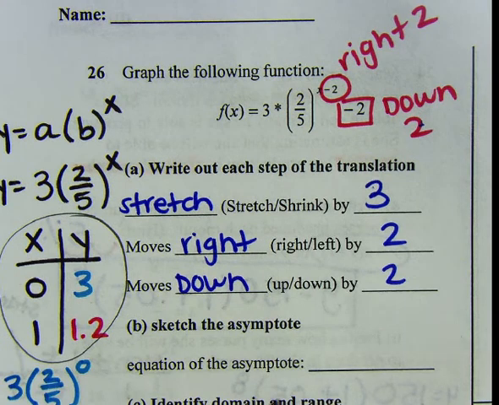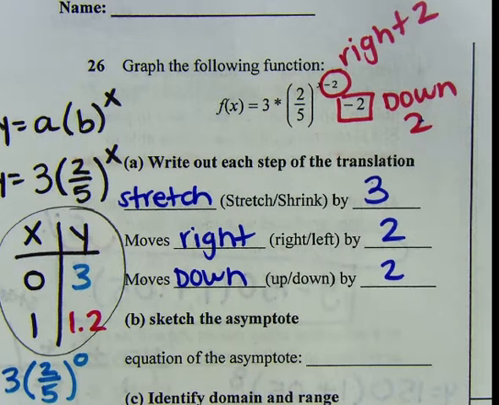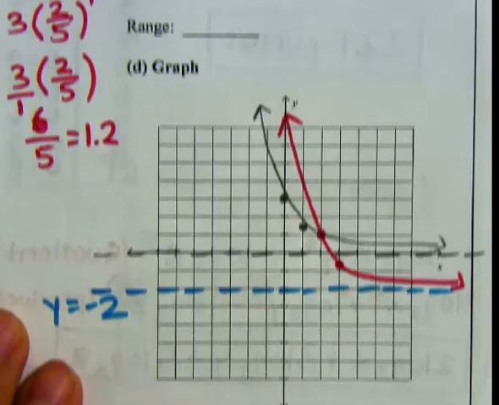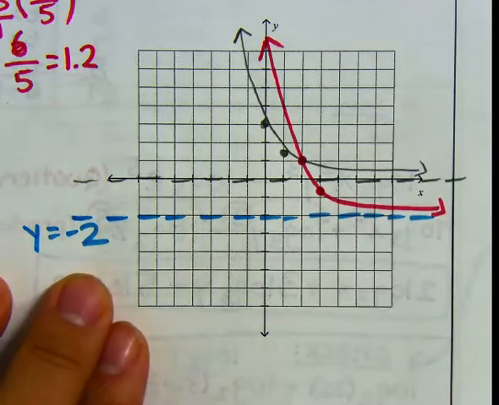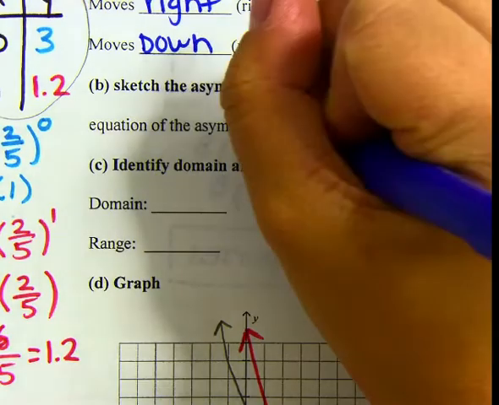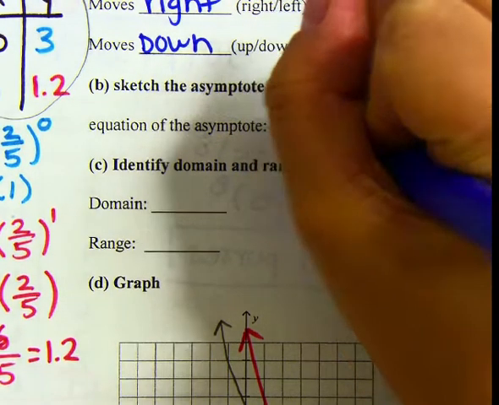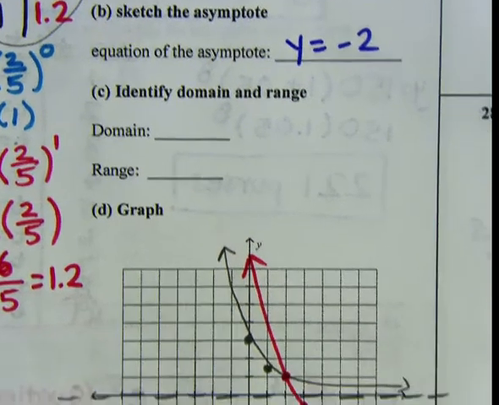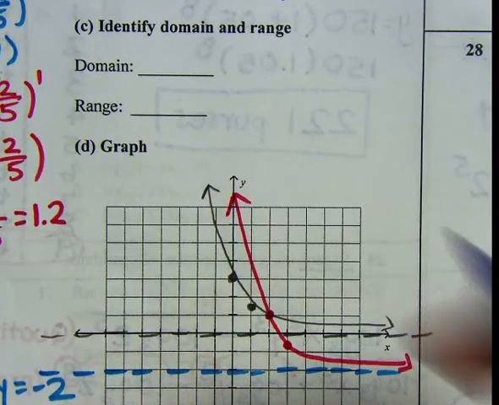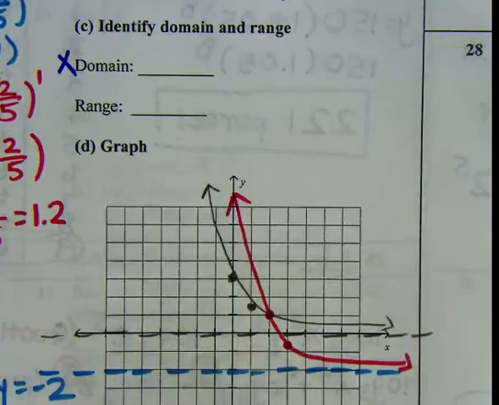Sketch the asymptote. Yes, we did that. What's the equation? Well, thanks to the translation of your graph, it moved down 2, giving it a horizontal asymptote at y equals negative 2. State the domain and range. Well, domain are your x values.